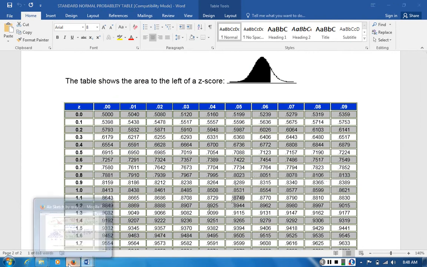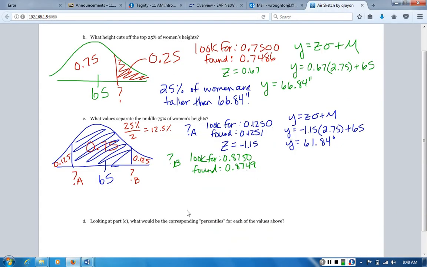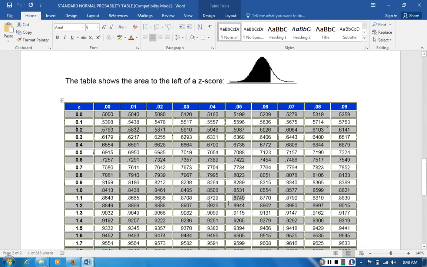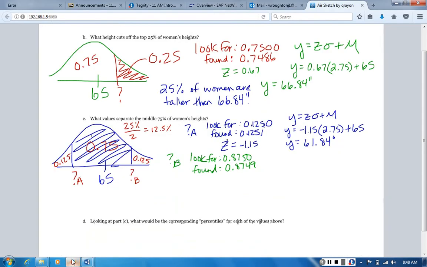Again, I just usually make a note of the number I found. Now we're going to work out to find our z. Our z this time is positive 1.15. And look, again, not a coincidence. This one was negative 1.15, this one's a positive 1.15, because I am symmetric here as well.